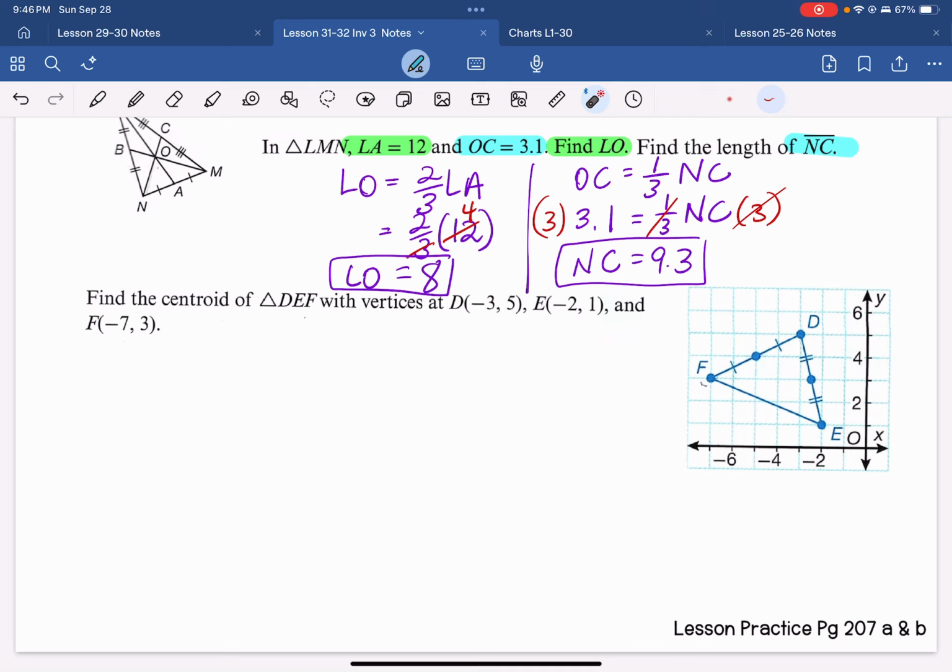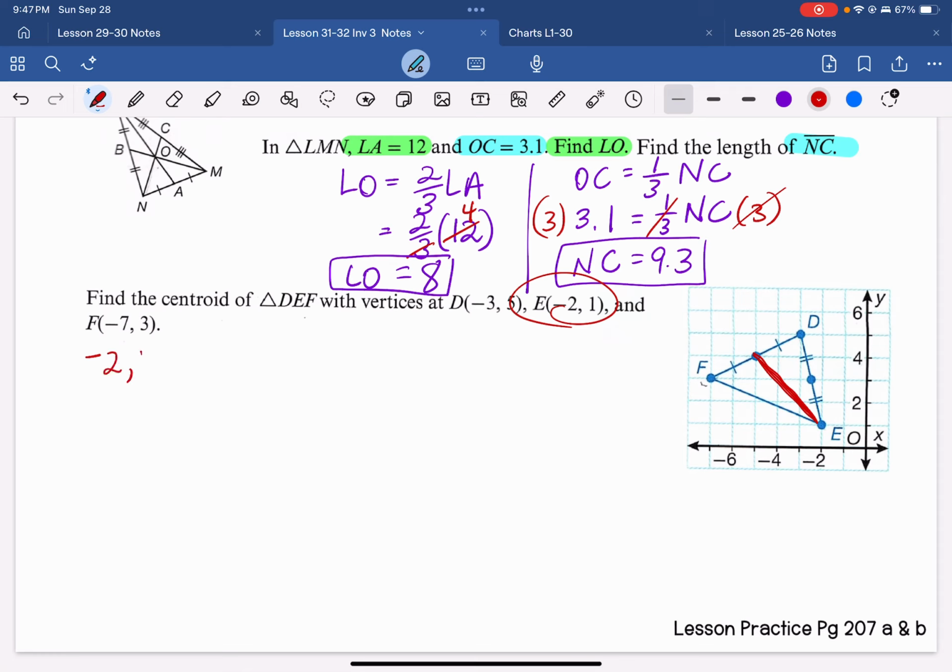So what we're going to do is start by finding the equation of the line. Do y'all remember y equals mx plus b? We are going to take E right here and find the equation of this line. Let me mark that with red so that I can color code this. E, they said, was at negative 2, 1.